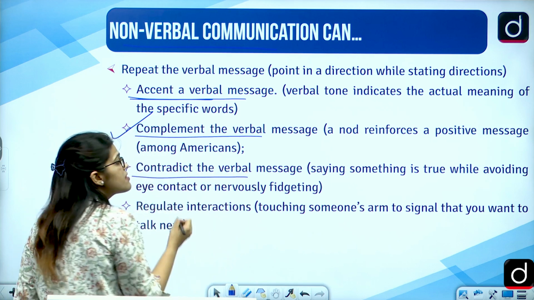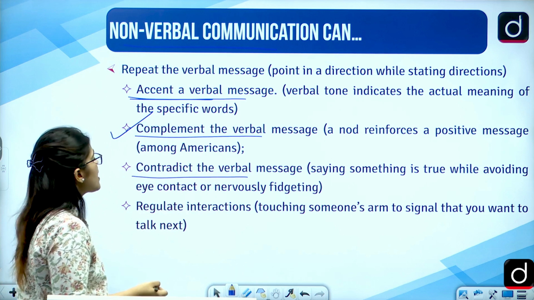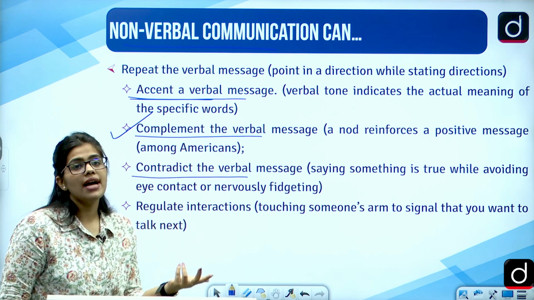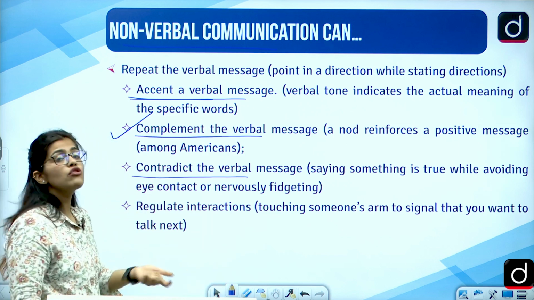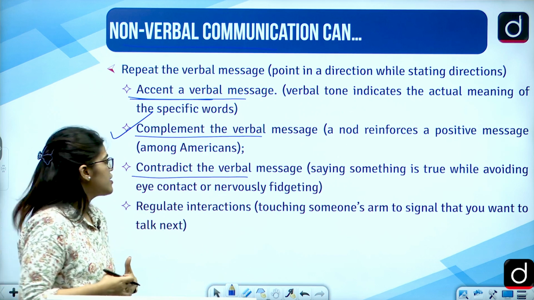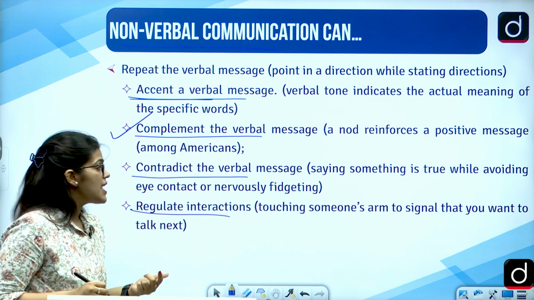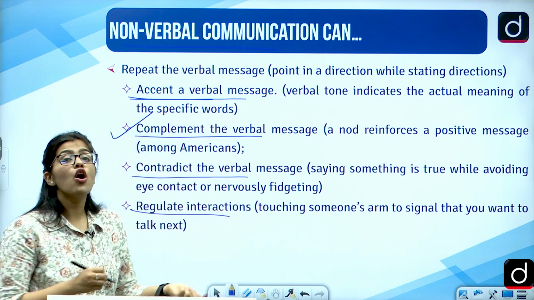Then they can contradict the verbal message, like saying something is true while avoiding eye contact or nervously fidgeting. If you are avoiding eye contact, someone would come to know that you are avoiding the conversation or contradicting the verbal message you were putting forward. Then you can regulate your interactions as well, like touching someone's arm to signal that you want to talk next.